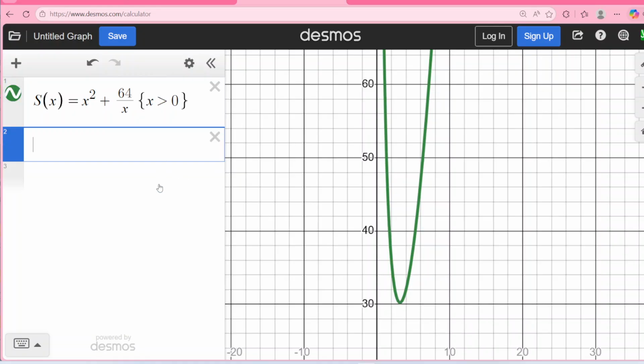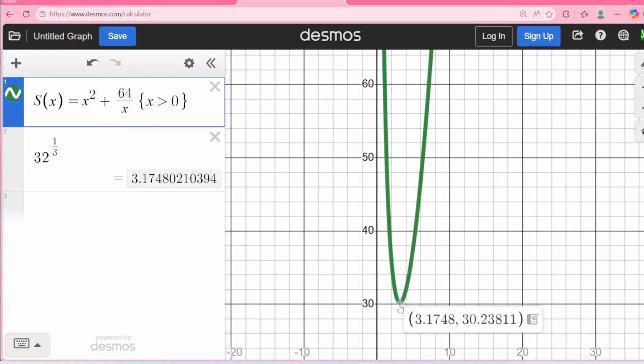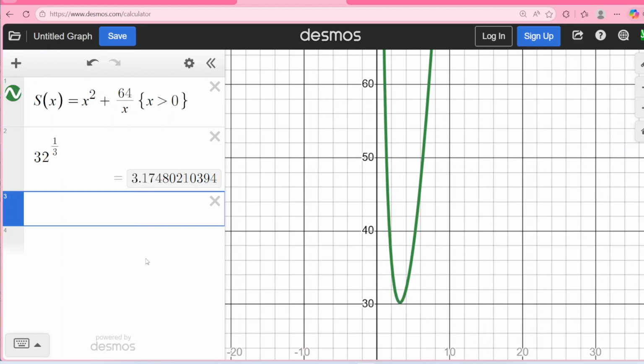Well, look, here's the cube root of 32, 32 to the 1/3 power, 3.1748, and so on. This is the cube root of 32 for the x coordinate. And this y coordinate is that minimal surface area I wrote down. I'll just put S of 32 to the 1/3.